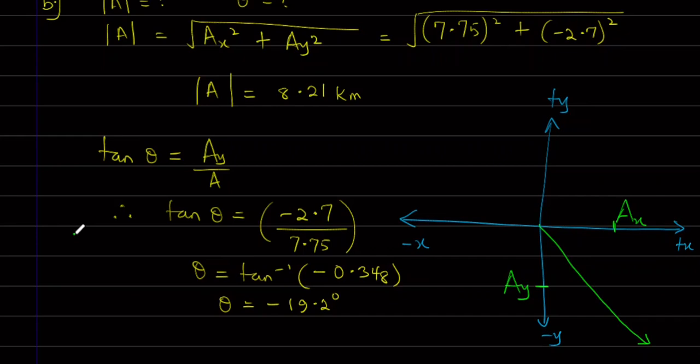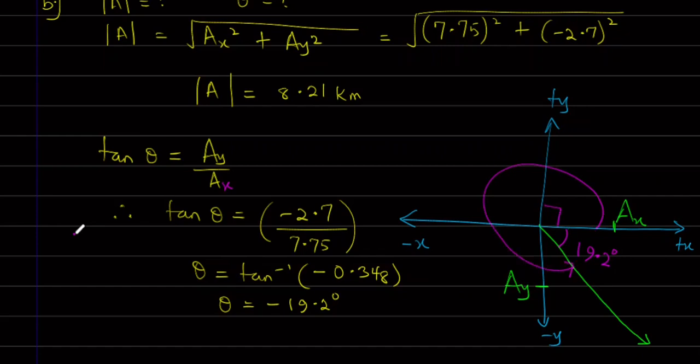That means the angle 19.2 degrees is below the horizontal, and like I said, it is picked with respect to the horizontal since tan theta is ay over ax, the way we have proved it. So if you want to take this from the positive x-axis, rotating counterclockwise, we take it this way.